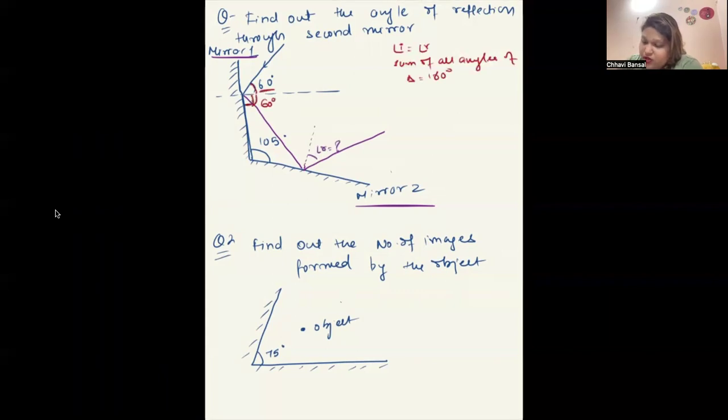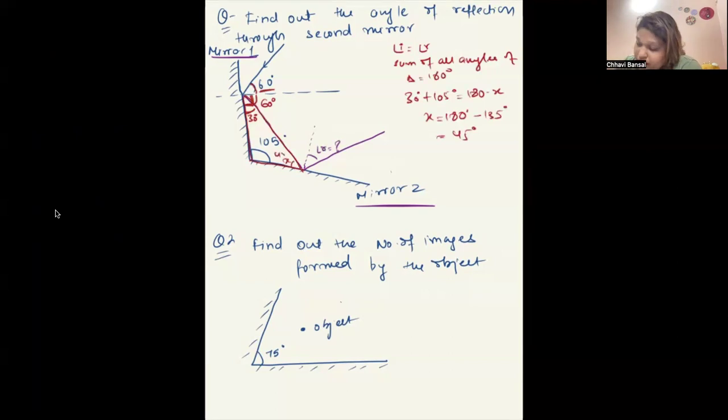This overall is a normal. So the normal always makes a 90-degree angle with the surface. So if this is 60 degrees, total is 90, this is going to be 30 degrees, right? Now we have 30 degrees, we have 105 degrees, the sum of this triangle we are talking about. We have to find out angle X. This is angle X, 180 degrees minus 135 degrees, which is equal to 45 degrees, right?